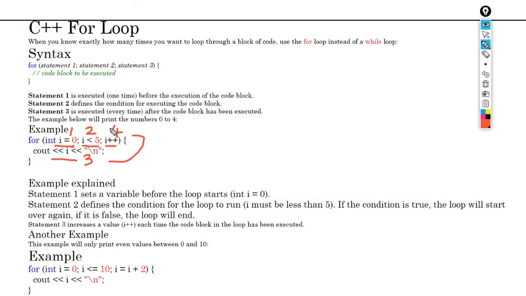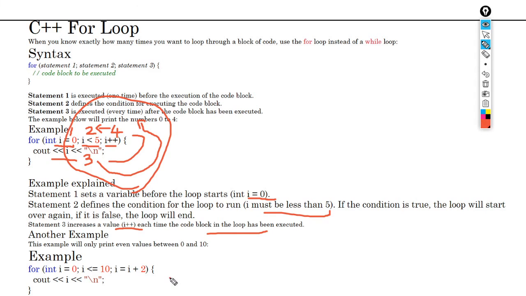Now again it will check 1 is less than 5. It is true, so again it will print the value 1. Then again it will come here, again i plus plus, so i becomes 2, and so on. This for loop is repeated. This is the initialization, and then i must be less than 5. Till that time it will be executed. And statement 3 will increase the value each time the block in the loop has been executed.